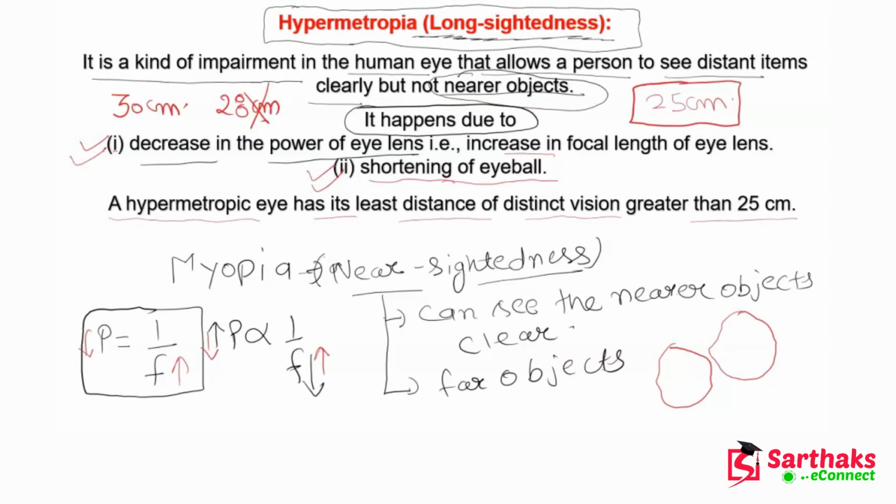Because he will only be able to see the objects which are beyond 30 centimeter. I hope you have understood all these points. Now let's move ahead.